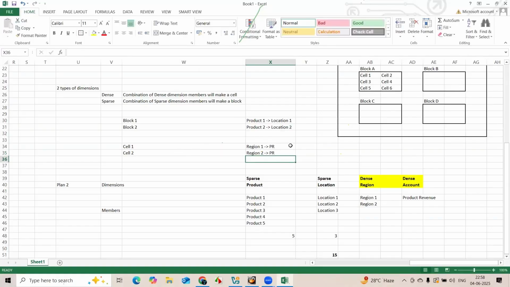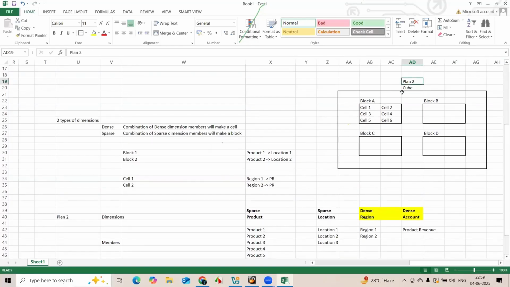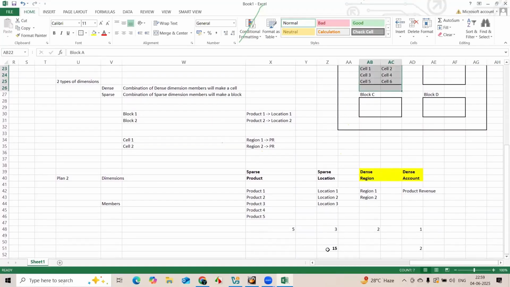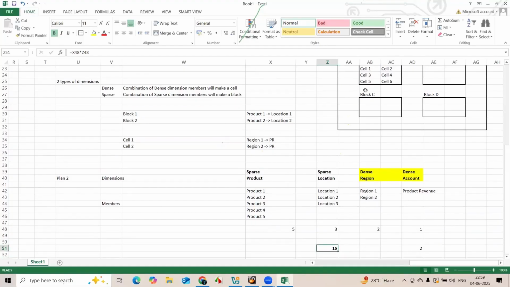So how many cells can you have? A maximum of, here you have 2, here you have 1. So 2 into 1, that is nothing but 2. If you compare this in Plan 2, your land area, you can have a maximum of 15 blocks, and within each block, how many apartments, or in our Essbase terminology, cells, can you accommodate?